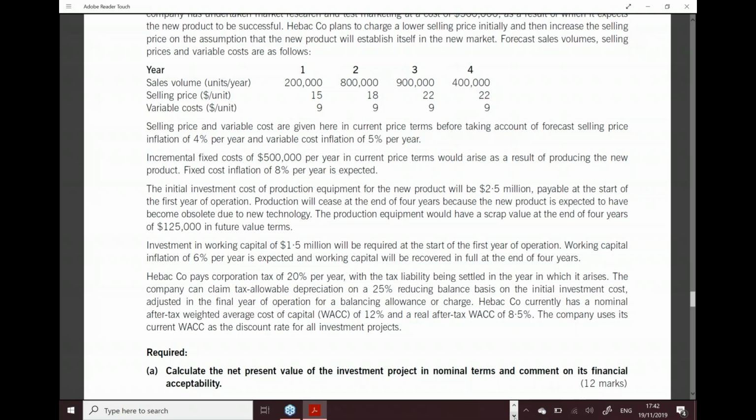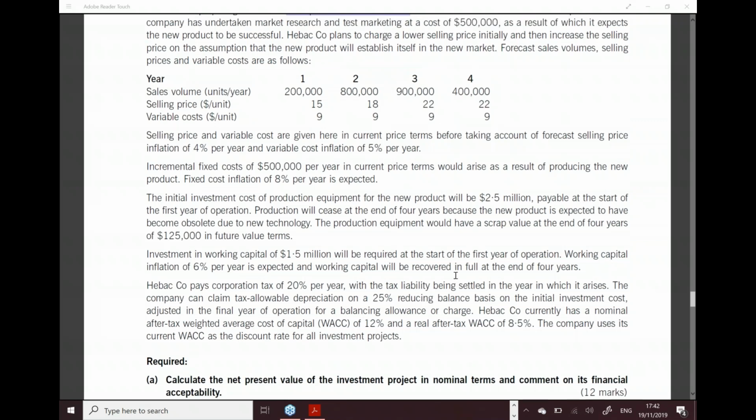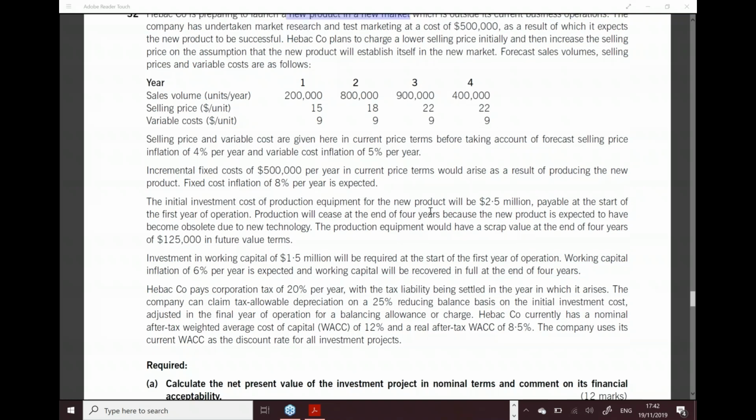So my investment cost is 1,500,000. Sorry, not 1,500,000. It's 3.9 million, I believe. Where is it? $2.5 million. So I'll do that calculation.